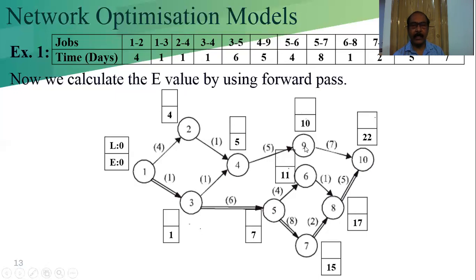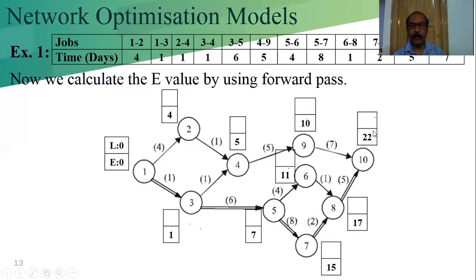In this case, E9 plus T9,10, that is the 7. So 10 plus 7 is the 17, and 17 plus 5 is the 22. Which one is the maximum? 22 is the maximum. That is the E value.